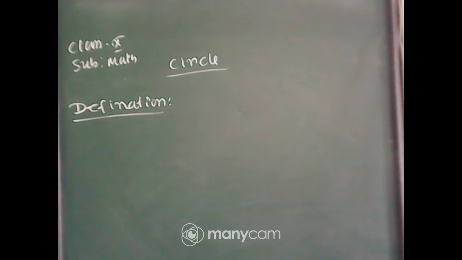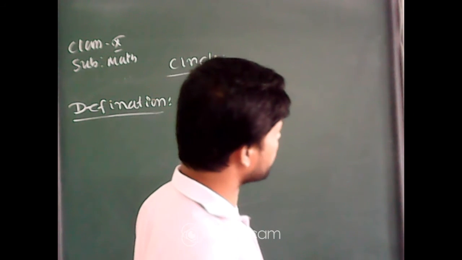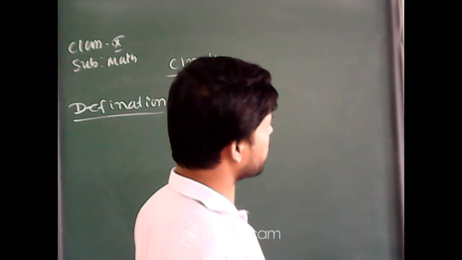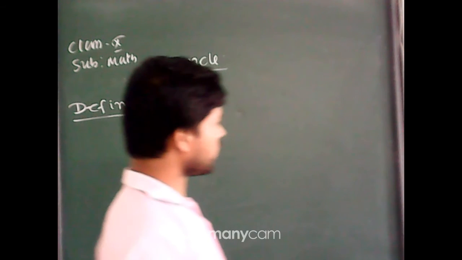Quick, I'm waiting for your answer. What is a circle? Yeah, a round plane figure whose boundary consists of points equidistant from. Yes, very good. A circle is a collection of points in a plane which are at a constant distance from a fixed point. Very good, Dia.